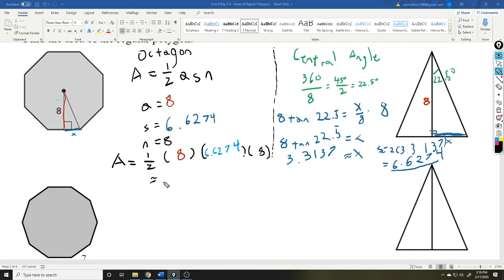And if you plug that into your calculator, the decimal you should get out should be 212.077. And since we want to think about units, well, since it's an area, it should be units squared. Square units. Okay? That's our final answer.